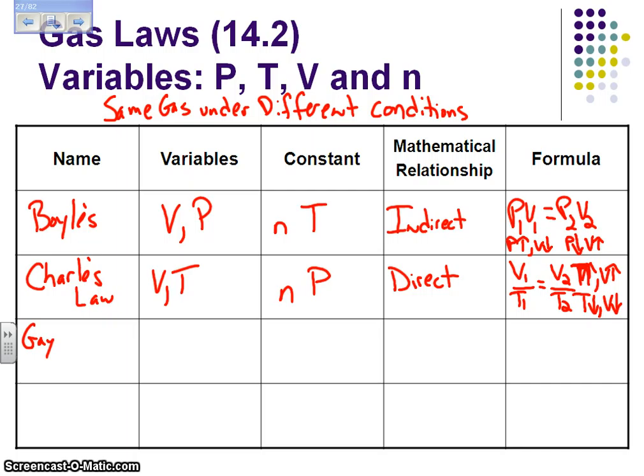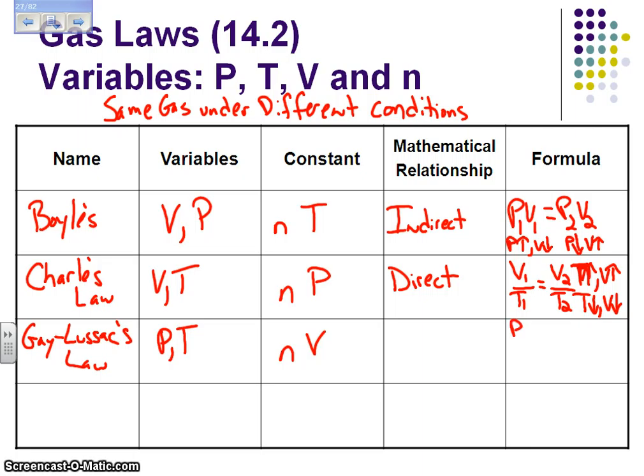The third law is Gay-Lussac's law. Our variables here are pressure and temperature. The amount of gas stays constant, and here our volume stays constant.